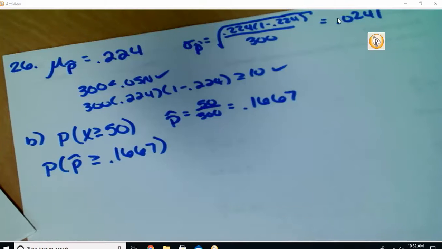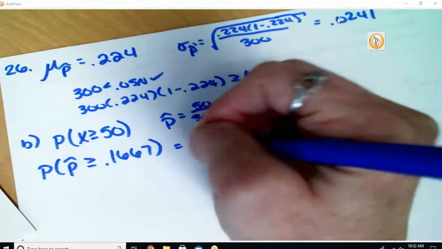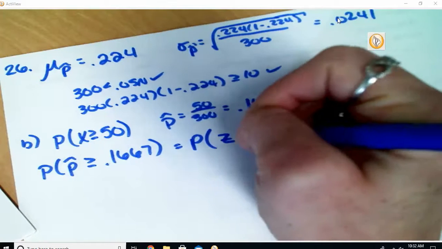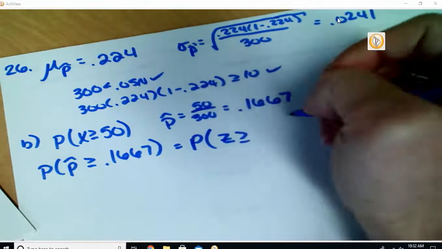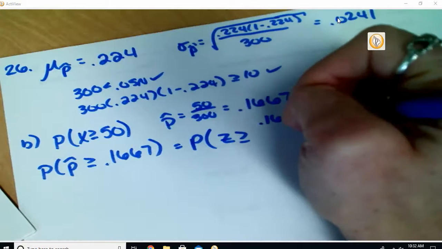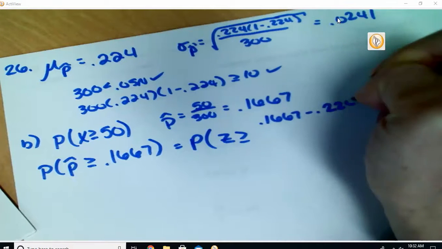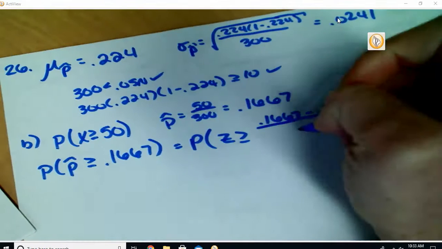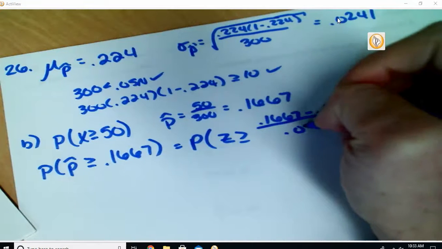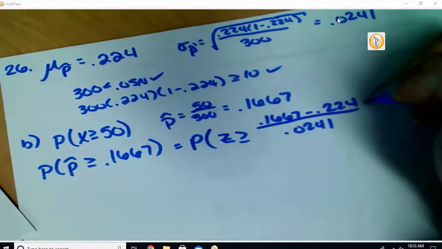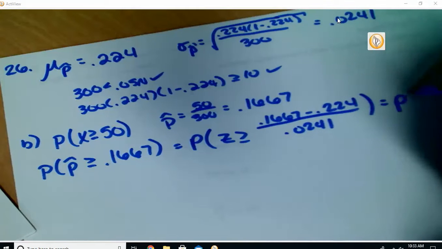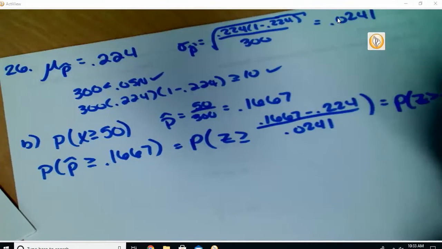And remember on these, you always change them to a z so that we could use the table. So that's probability z is bigger than, and you do your p hat minus your mu over your standard deviation. So we found those in part A. So we're finding the probability that z is bigger than negative 2.38.